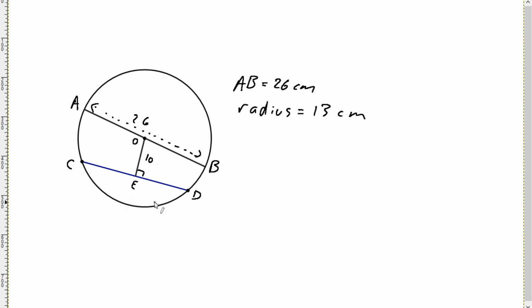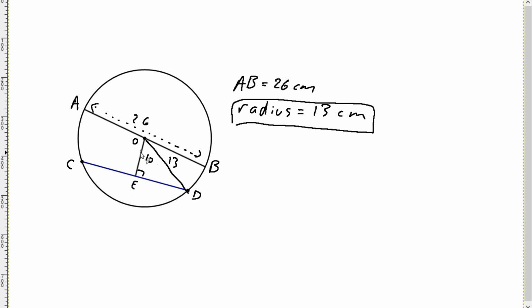So this question, at first, it seems like there's not something you can use to solve it. And the radius does actually come in handy. Because what we can do is create a triangle here using the radius going from O to D. And now what we have is just a Pythagorean theorem question.